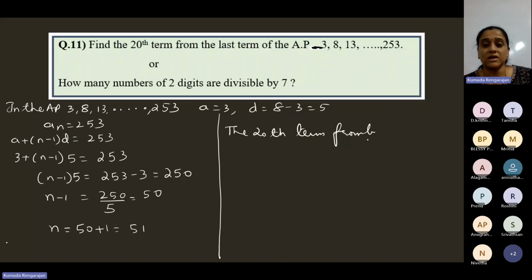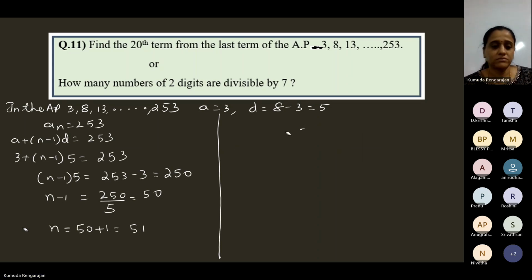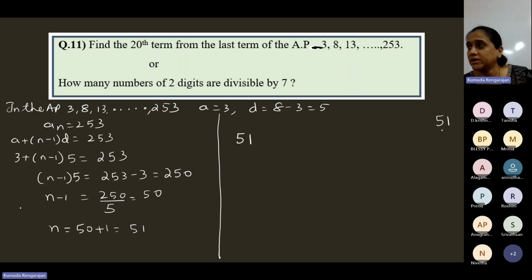The 20th term from the last term is equal to, let me find the number first. How many terms are there? 51. Okay, 51. You can just do that in the rough column. 51 terms are there. You want to find the 20th term from behind. So subtract 19. Subtract 1 less.